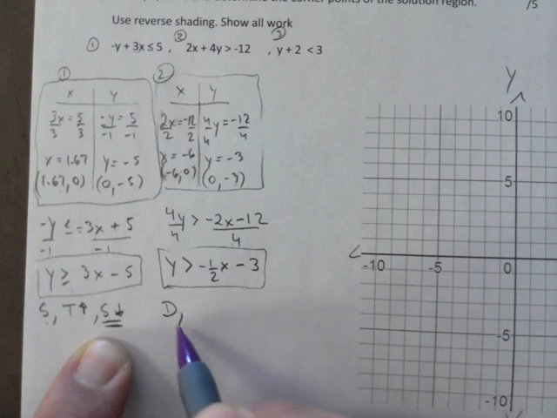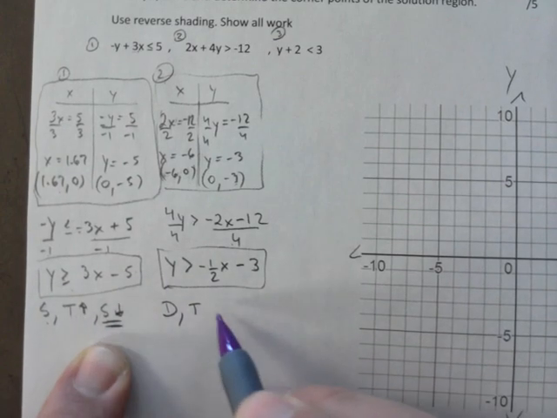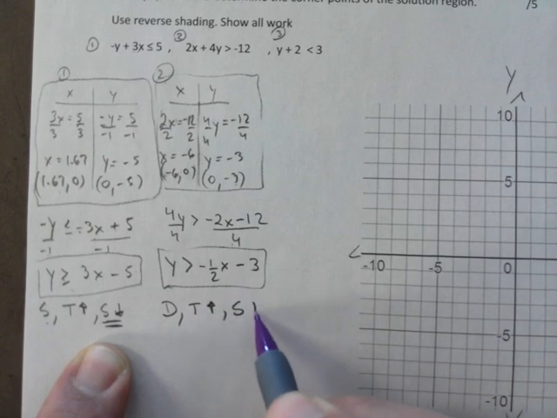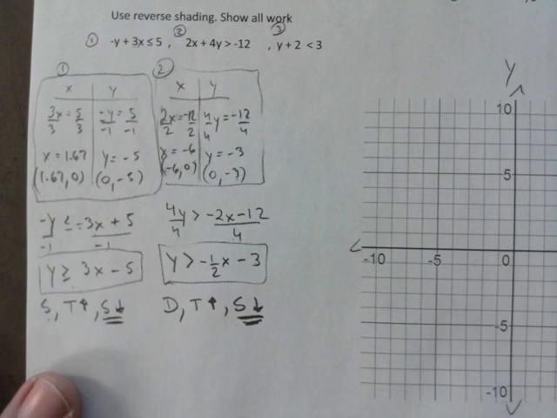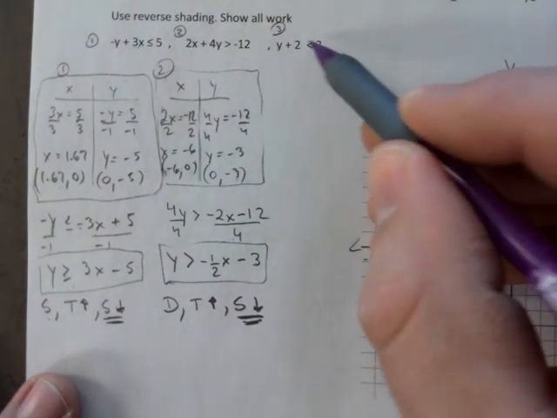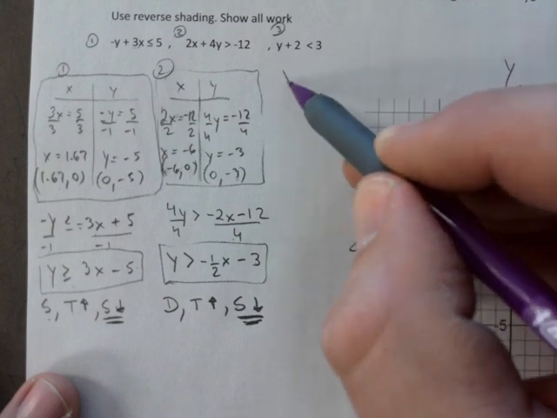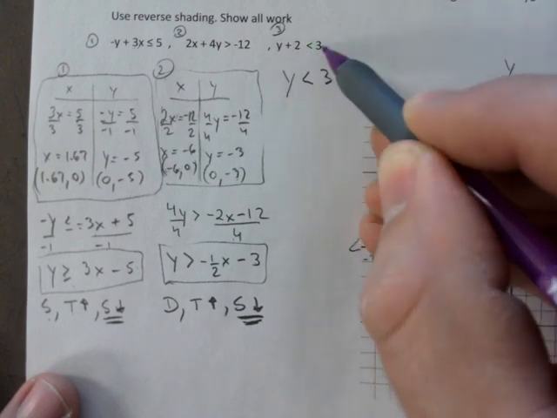This is a dashed line. True should be the same as this one, right? True is above. I'm going to shade below. So that's what I'm going to use for shading. And then this one, you know it's only one variable. It's actually a horizontal line. So it's just 3 minus 2, the 2 comes over.